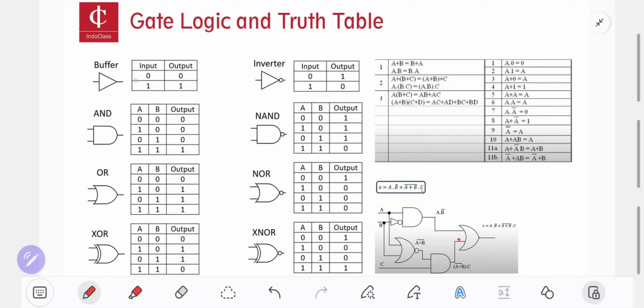I will revise my statement. Buffer is the same as input, and inverter is not.